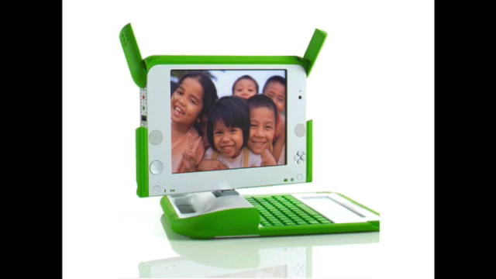This was designed to be a $100 laptop, and they've made many hundreds of thousands of these and deployed them in third world countries. And I encourage you to have a look at that program and read a bit about that, because it's been a very successful program, and it really drove down the price of laptops, what became known as tablet computers, or the small laptops, notebook computers.